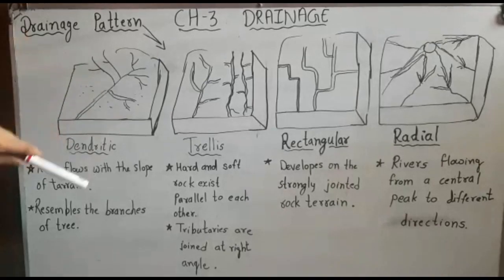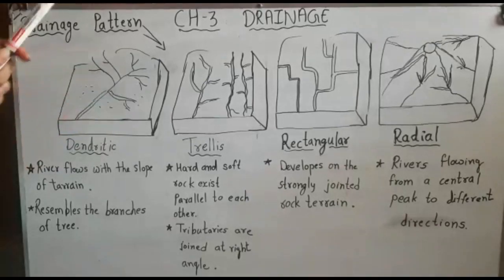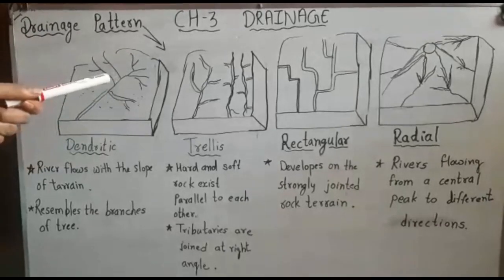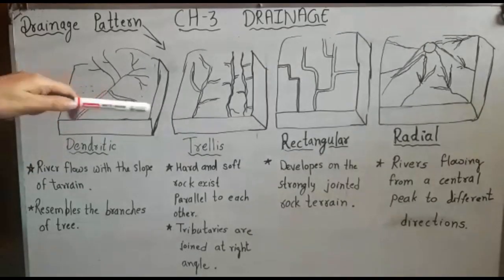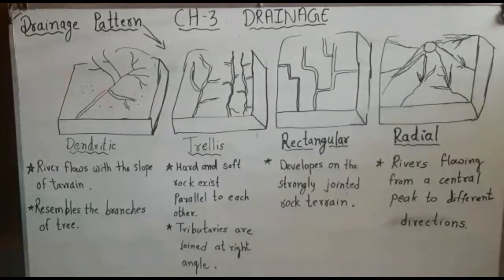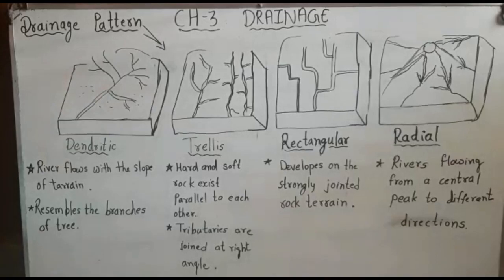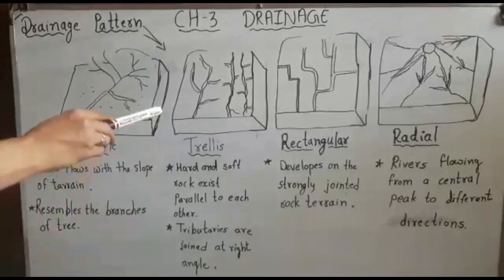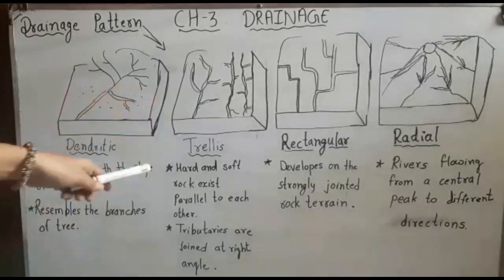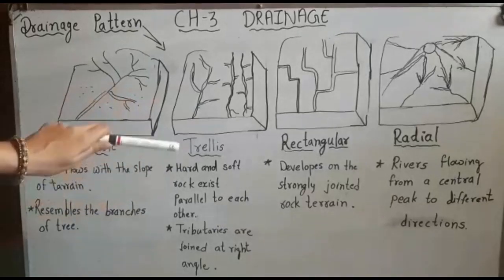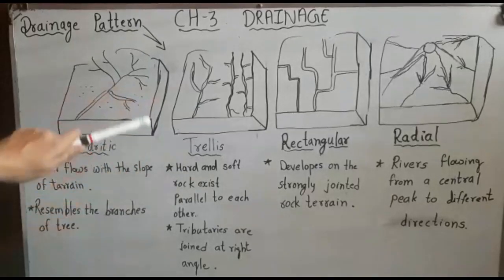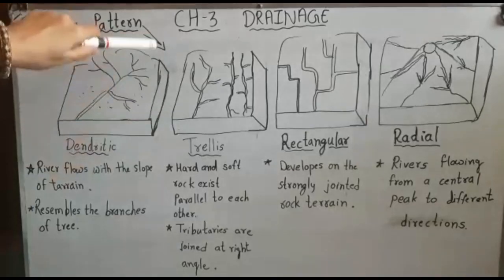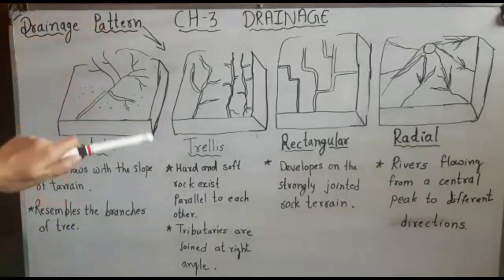When it moves toward hard rock, it turns to the opposite direction, and when it finds soft rock, it moves softly or smoothly. That's why these rivers and tributaries run parallel to each other. So hard and soft rock exist parallel to each other. That's why this pattern is like this.